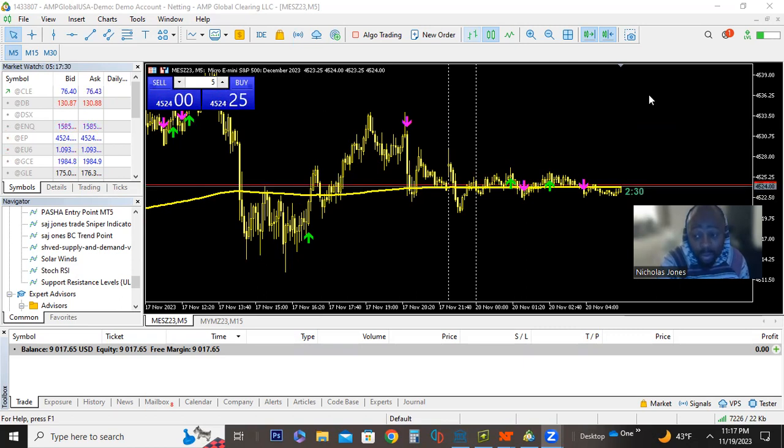Now with Forex, you're choosing the lot size. Lot size and contracts are two different things. One contract in futures is worth a specific amount of money. When you are doing Forex, you're choosing the amount.